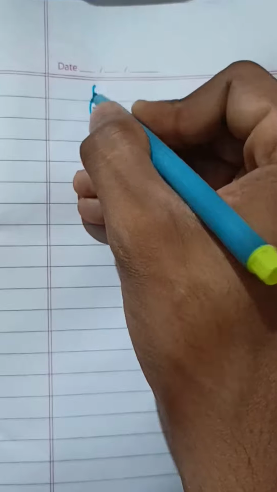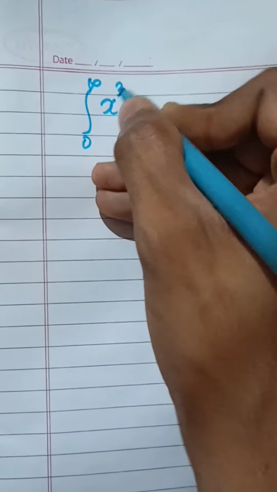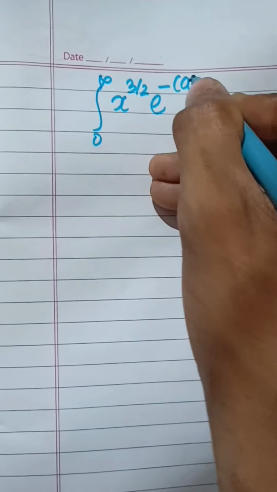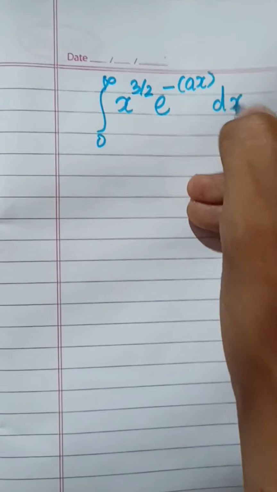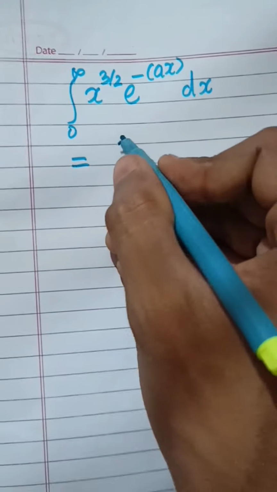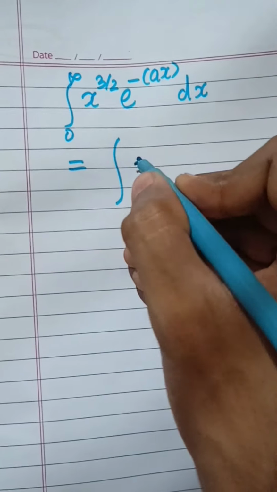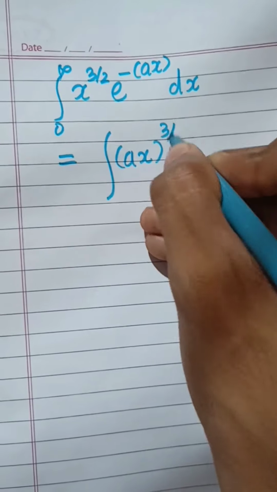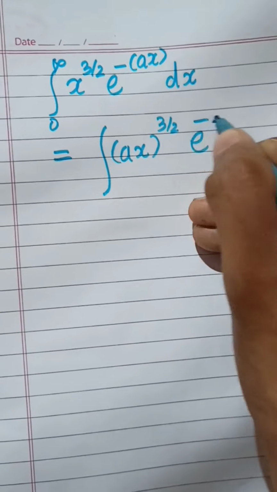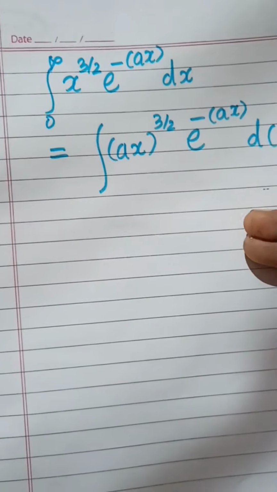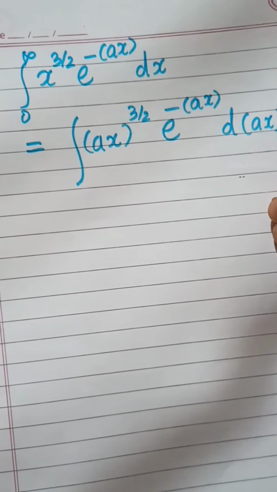Now we have to integrate the integral from 0 to infinity of x to the power 3 by 2 e to the power minus ax dx. Let me make this expression as a x to the power 3 by 2 e to the power minus ax dx and a factor.